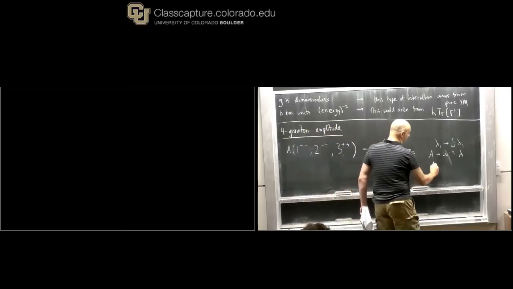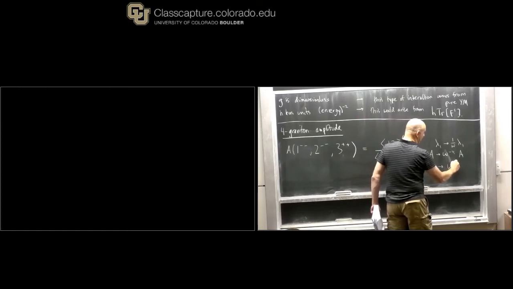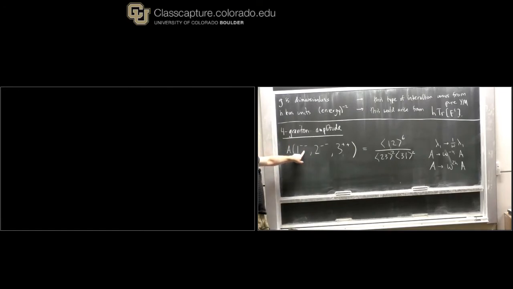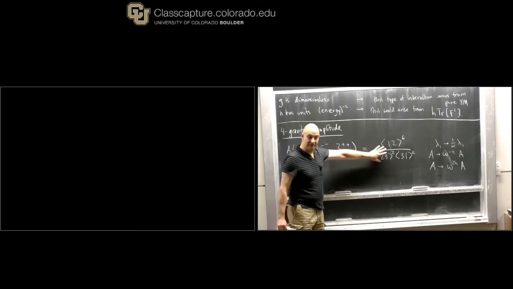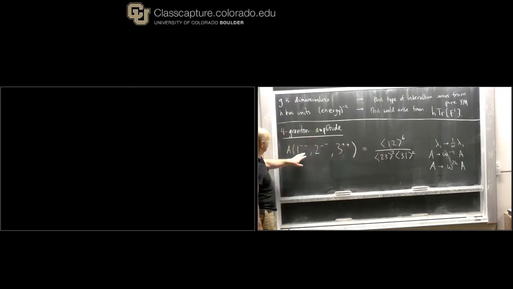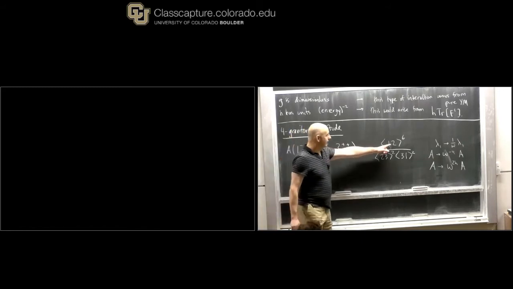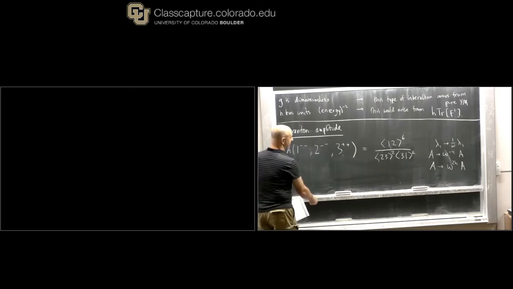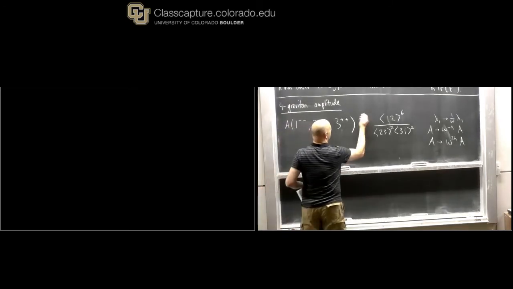And if we recall the general rule that if you rescale a particle of helicity h, its scale is W to the 2h, we immediately see that this is a scattering amplitude that's appropriate for particle 1 having negative helicity, helicity -2. Similarly, particle 2 has helicity -2, but particle 3 has helicity +2. Up to an overall coefficient.